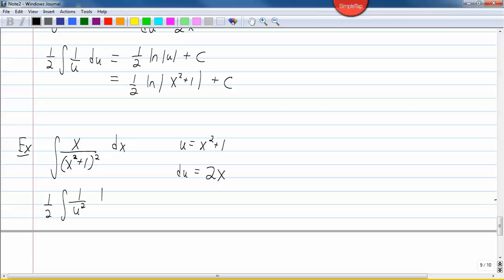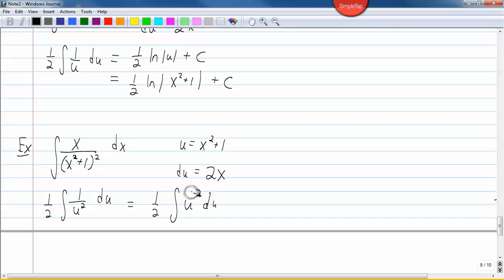That is not natural log. 1 over u squared is not natural log. It's 1 over u squared. Okay? So you say, okay, that's 1/2 times the integral of u to the negative 2 du. Sorry, that was du, not dx. I put negative 1 but it's negative 2, I hadn't integrated yet.